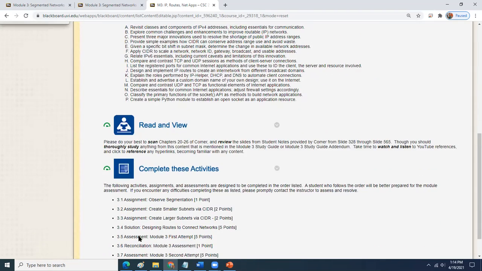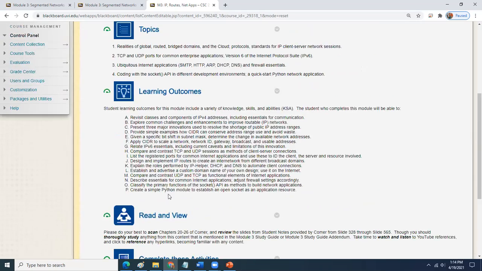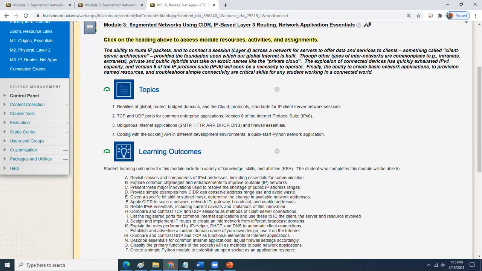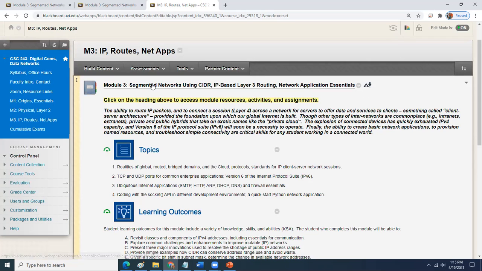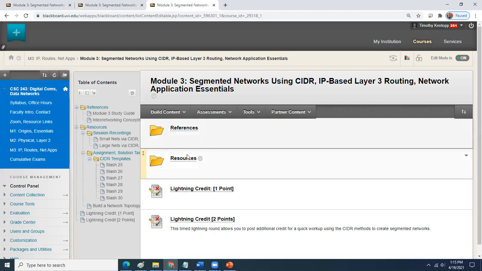I'm modifying this list down here, but you'll see that there's a few more learning outcomes, and we'll also include some additional slides. In any case, it'll be really important to get as early a start on the study guide as possible.